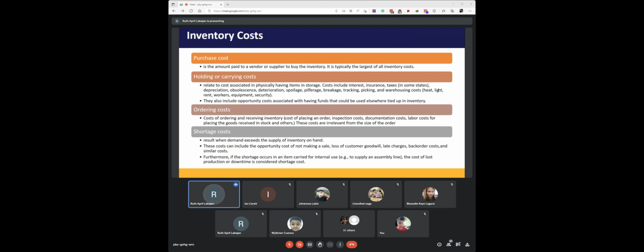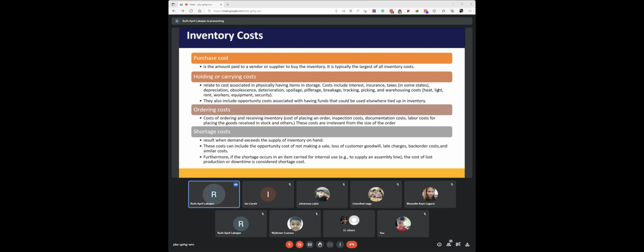Okay? So ordering cost is the cost of ordering and receiving inventory. Like the cost of placing an order, inspection costs, every time the inventory arrives, you inspect it. Then the documentation costs. Okay? Labor costs for placing the goods received in stock and other types. Okay?